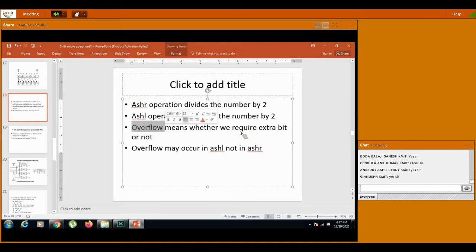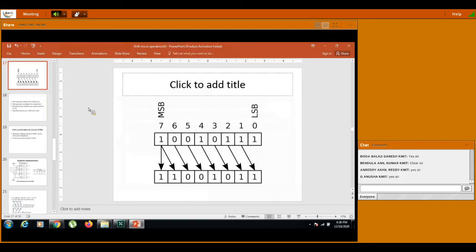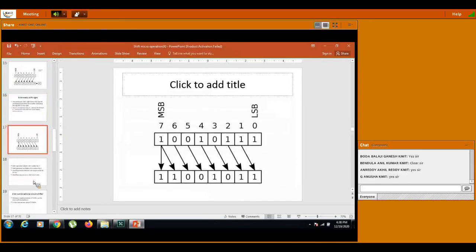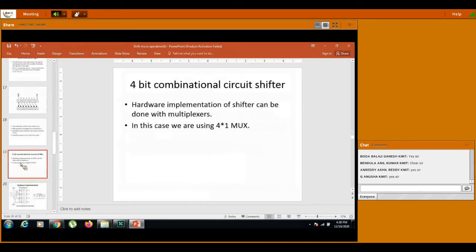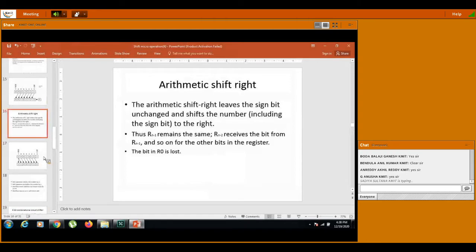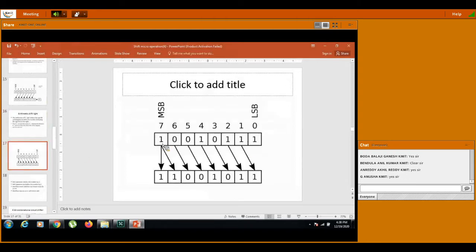Overflow means whether we require an extra bit or not. Sometimes if we need an extra bit, then that is called an overflow. Overflow may occur only in arithmetic shift left, but not in arithmetic shift right. In arithmetic shift right, you don't need it.